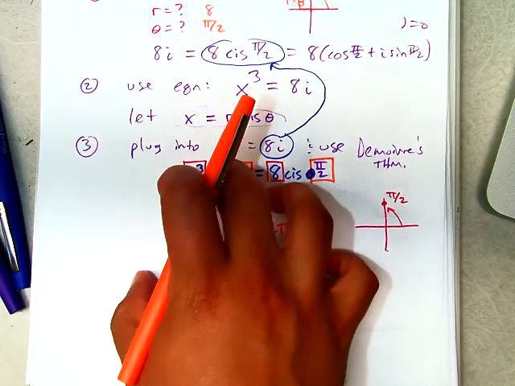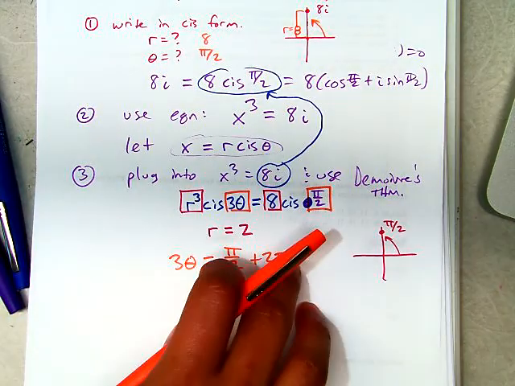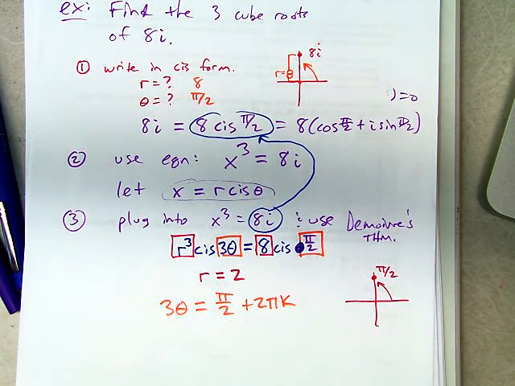So let's recap what we've done so far. Take whatever number they give you, write it in CIS form so that we have an idea of what the radius and the angle is for that number. Then you plug r CIS theta into x, you do whatever power it says to do, write it out.